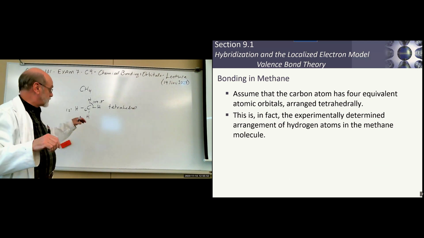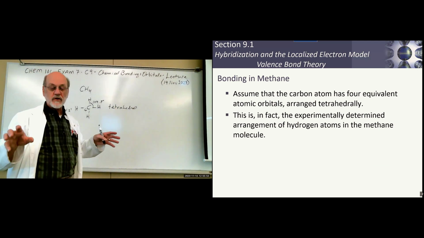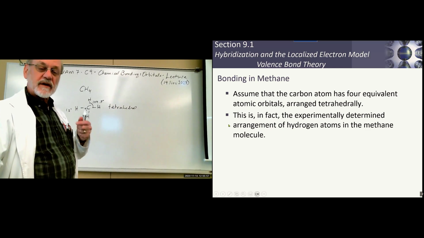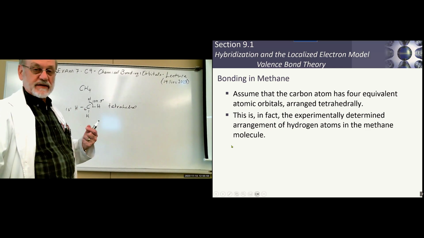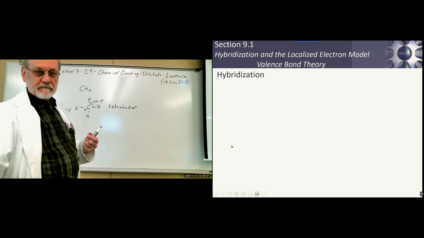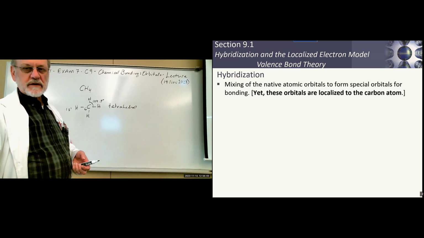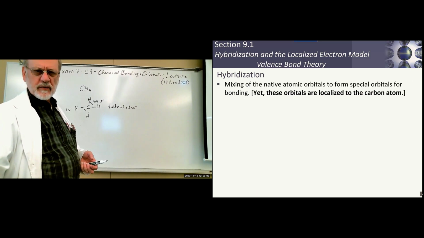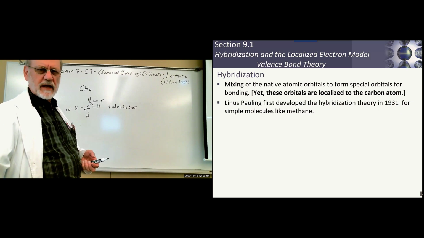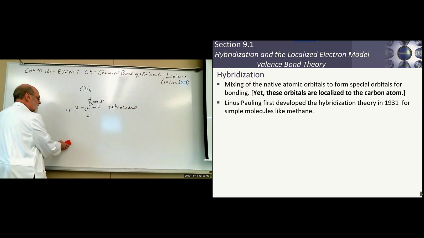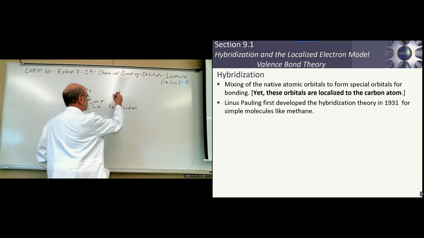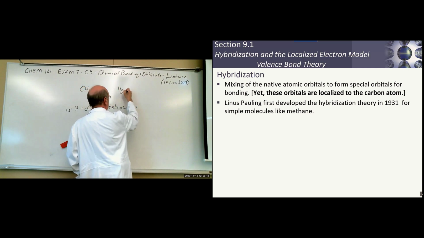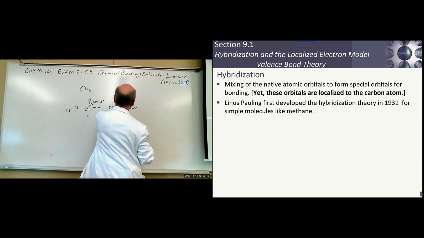We have to assume that all these bonds are equivalent in strength and in angles and in distance. So here's what I think it was Linus Pauling that came up with. Yeah, Linus Pauling. It's a concept called hybridization.